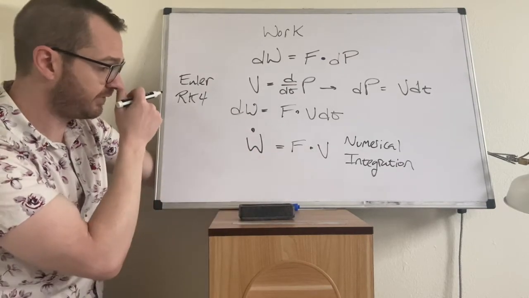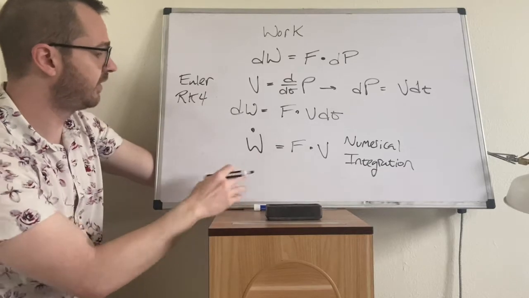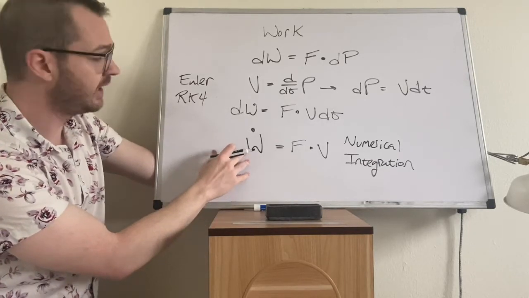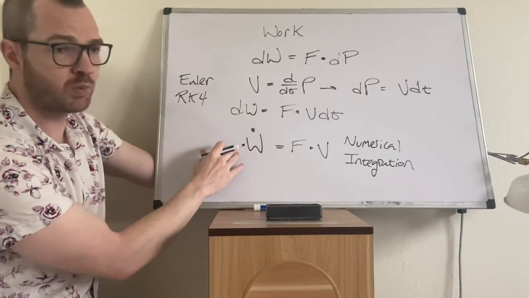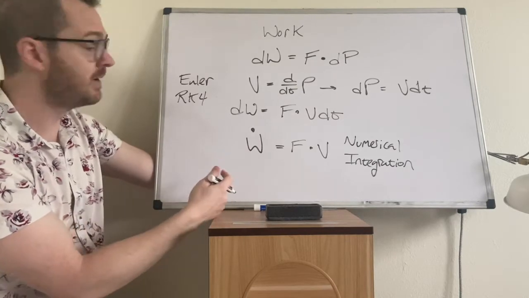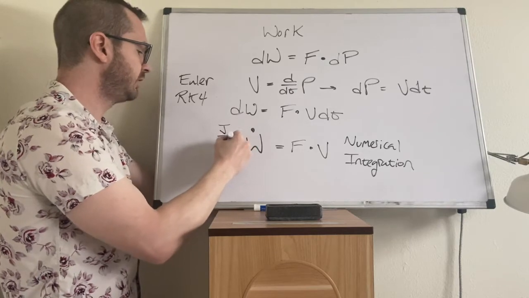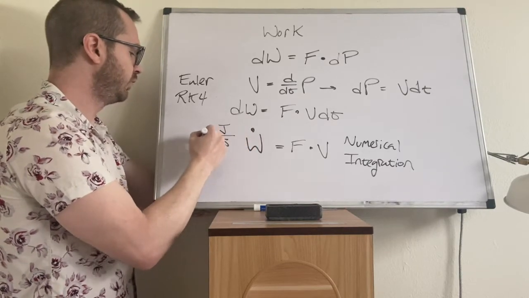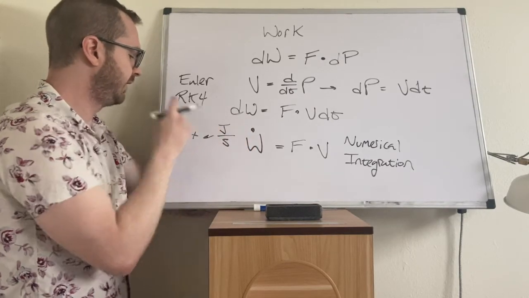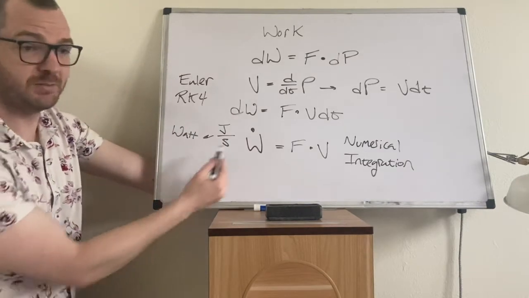Now, one thing interesting to consider about this: work is an energy quantity, and here we're looking at the change in work specifically with respect to time. So the units of W dot would be a joule per second, which is a watt. Just be cautious about symbols and units here.